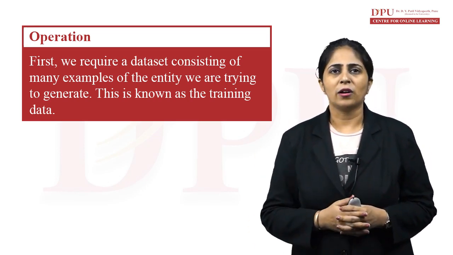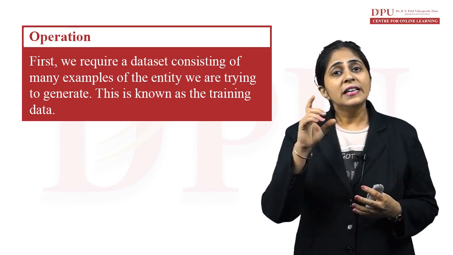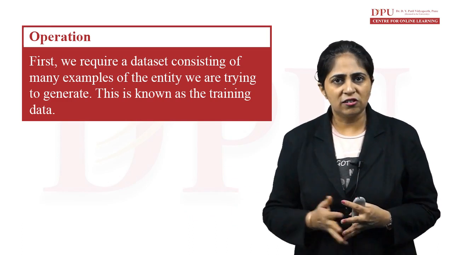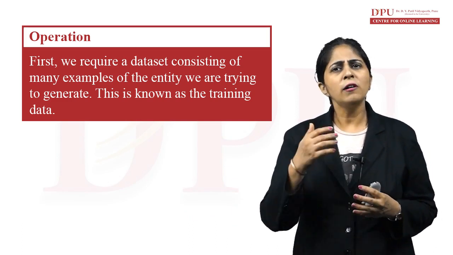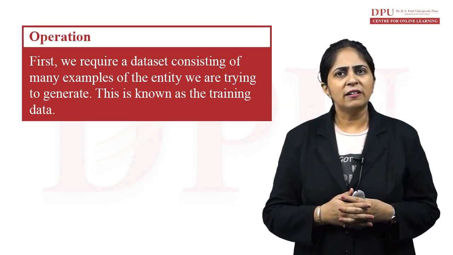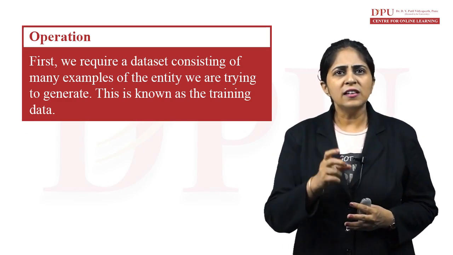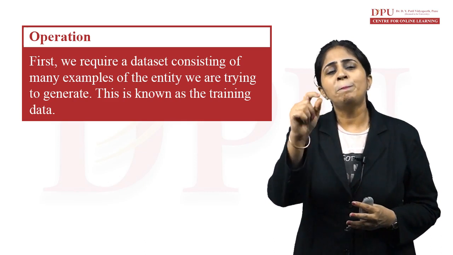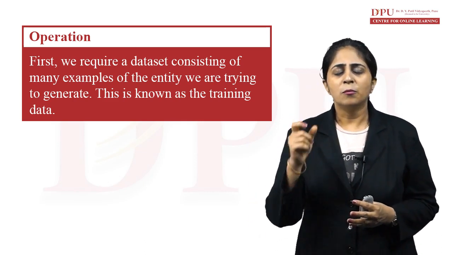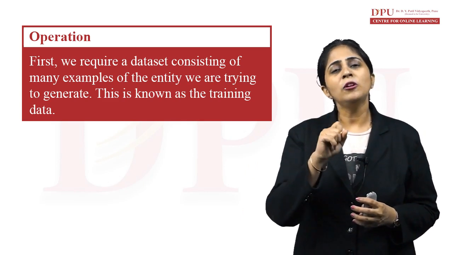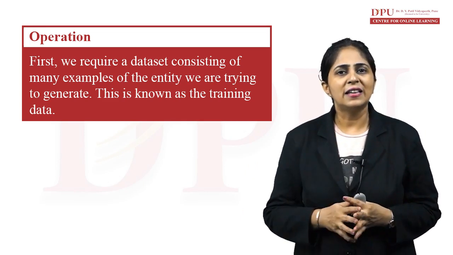Next, each observation consists of many features. If we are using an image generation model, the features will be the individual pixel values. If we talk about the image, we talk about the pixel values in that image.